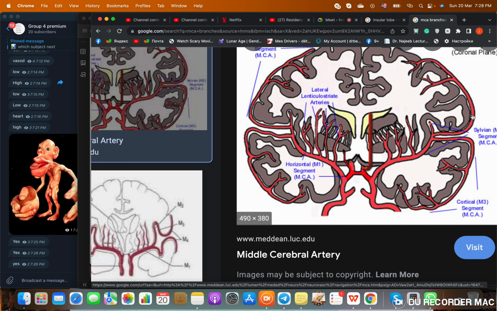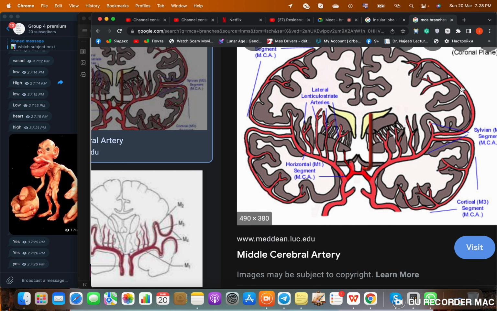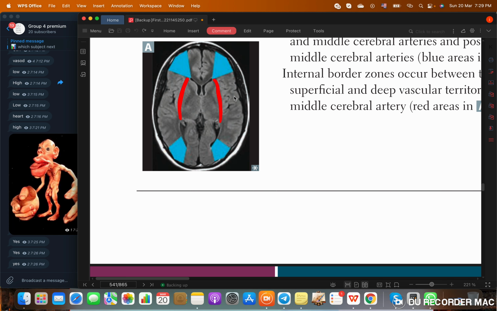As you can see, he has multiple branches, but notice here, he has these branches going in here, and he has the superficial branches going here. So these are the deep and superficial branches, and they also have a watershed area between them. So if a patient is in hypoperfusion, they will also have infarction of the watershed area between them.